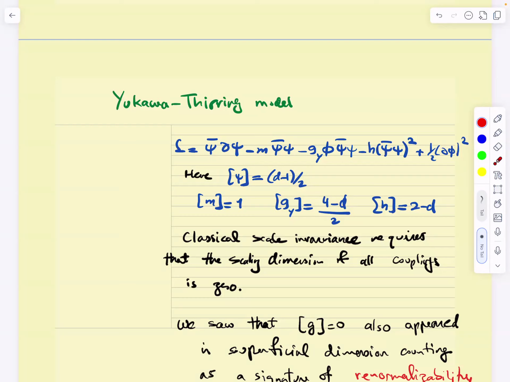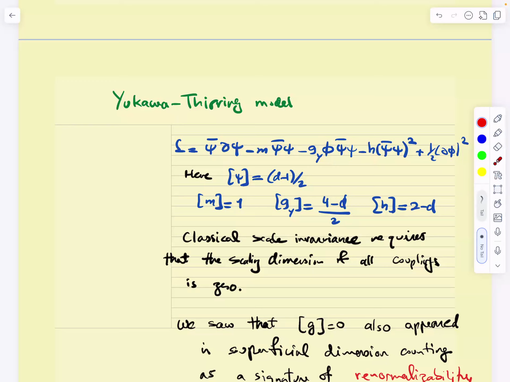In QFT1. So this means that the dimensionality of g_Y, the Yukawa coupling, is (4 minus d) over 2. And the dimensionality of h is 2 minus d. So an interesting observation here is that the theory in 4 space-time dimensions, if it only has g_Y and h is 0, is classically scale invariant.